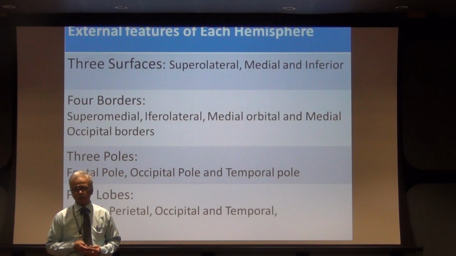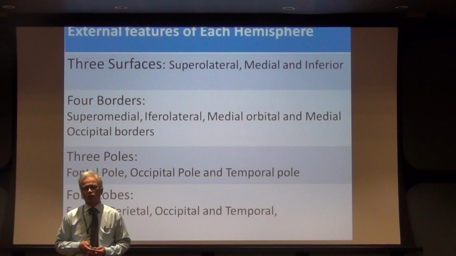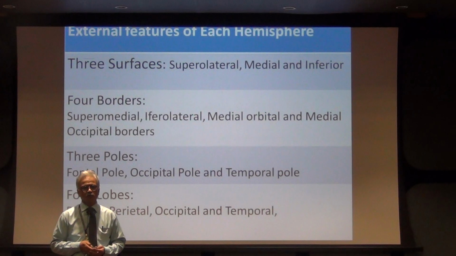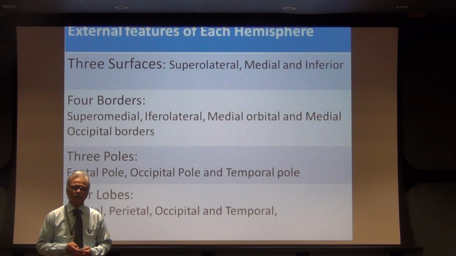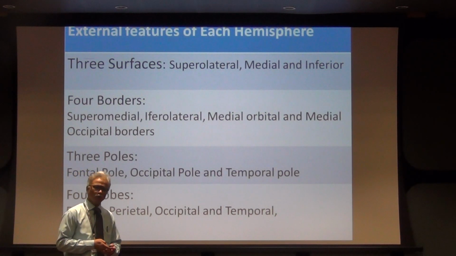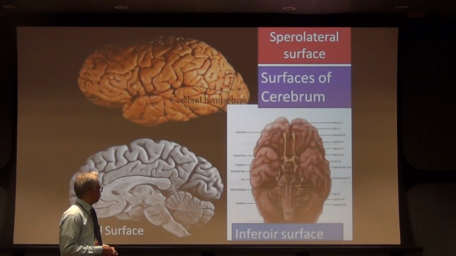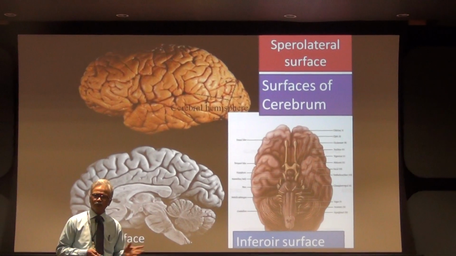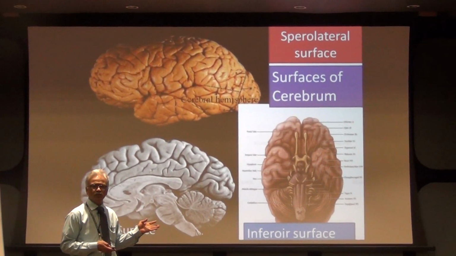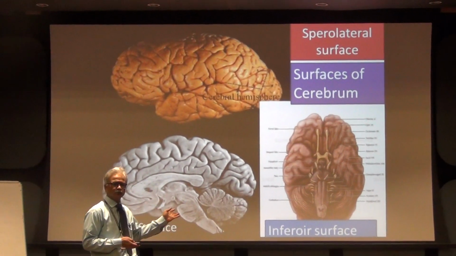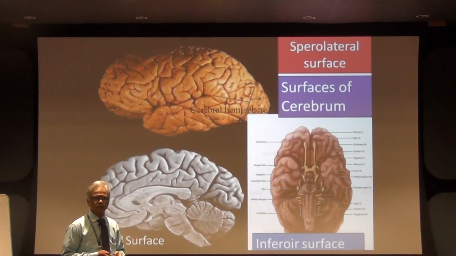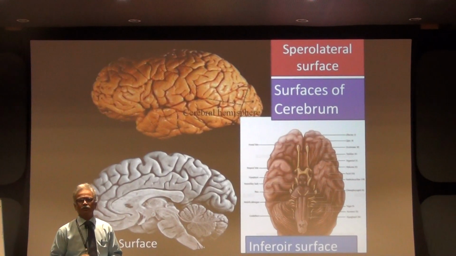Each cerebral hemisphere consists of three surfaces, four borders, three poles and four lobes. These are the differences between three different surfaces of cerebrum: superolateral, medial and the inferior surfaces.